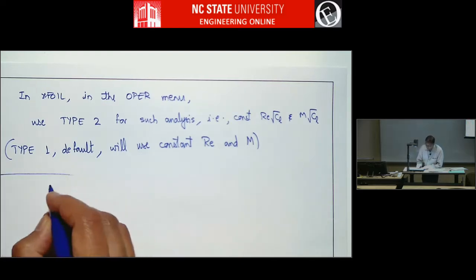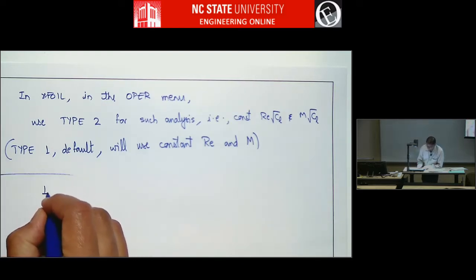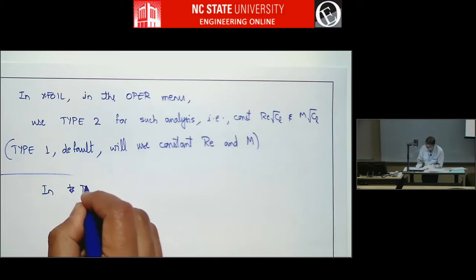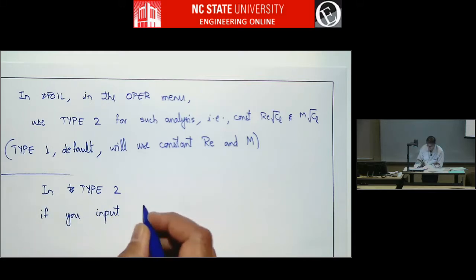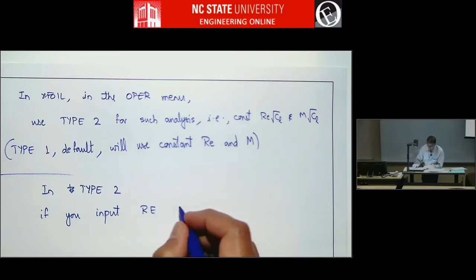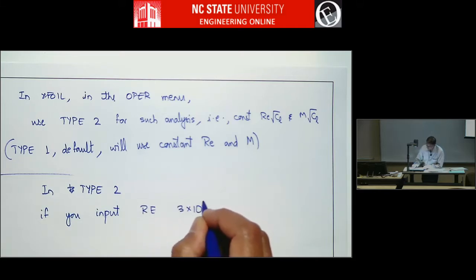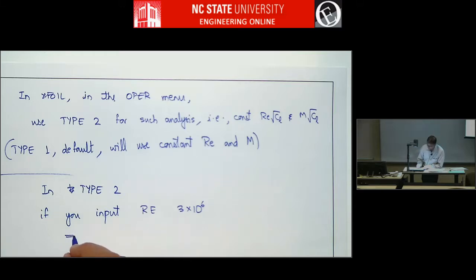So the way it works is, in type 2, if you input Re 3 times 10 to the power 6, this means that you're telling XFoil Re times square root of CL is 3 million.